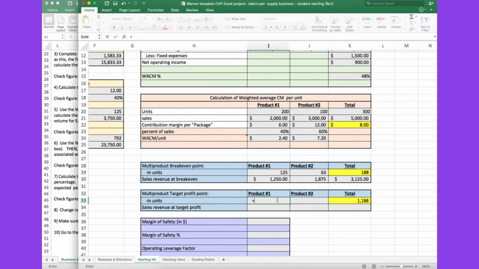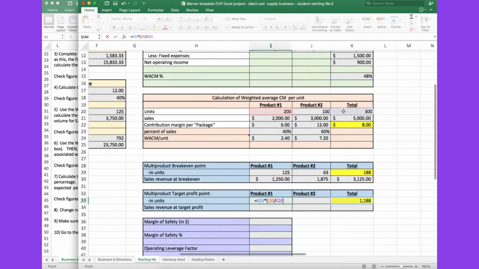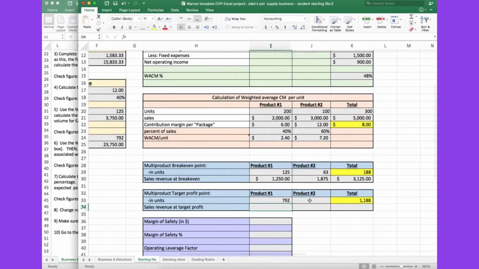And if we want to make our $8,000 a month profit, we need to have this be 2/3 of the total 1,188, or 792 units of the Launch It, and 1/3, 396 units of the Treat Time.